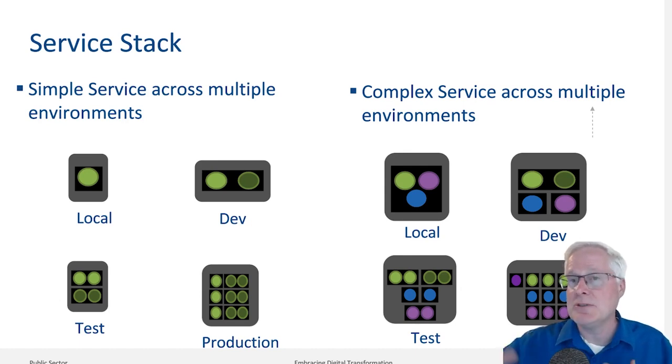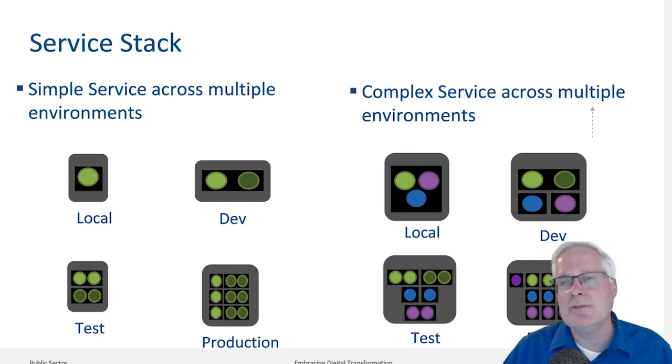It may have multiple Mongo containers running. It may only have one Node.js. It may have worker.js nodes running. There's lots of different things that can happen. That is based off of the environment policies and the complex service definition.